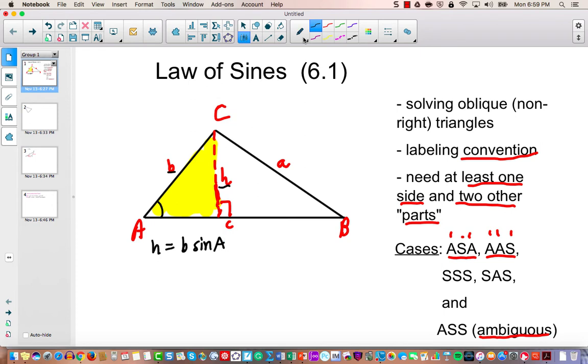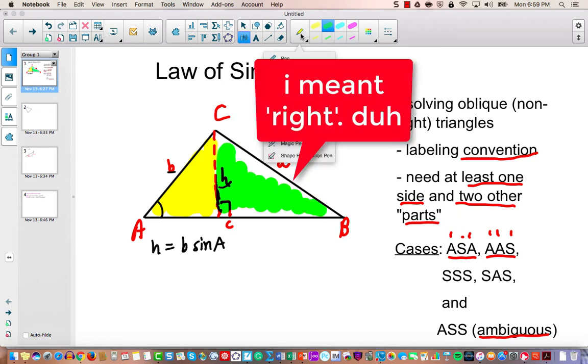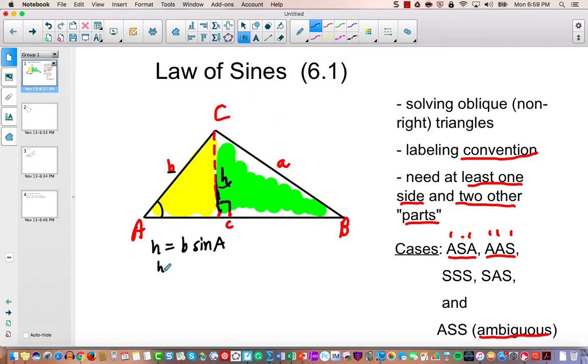And then I can do the same thing with this triangle on the right. I can say that H is equal to A times the sine of B, because the sine of B would be H over A. And since these two things are equal, they're both H, I can set them equal to each other.